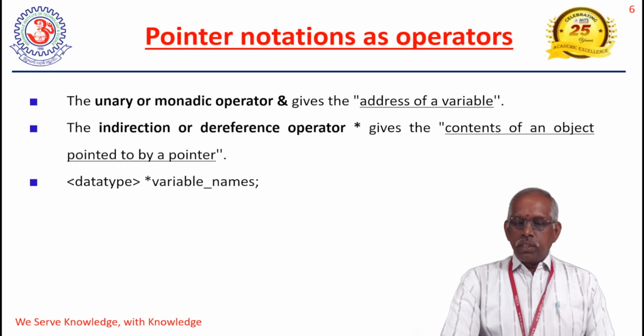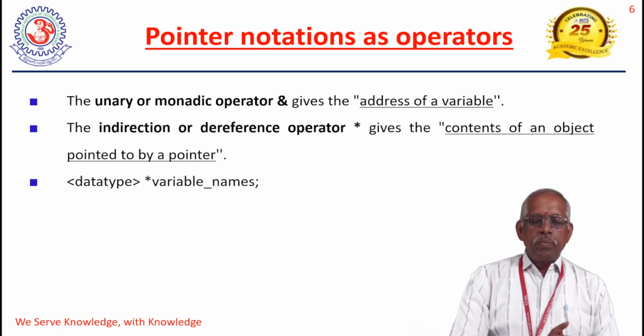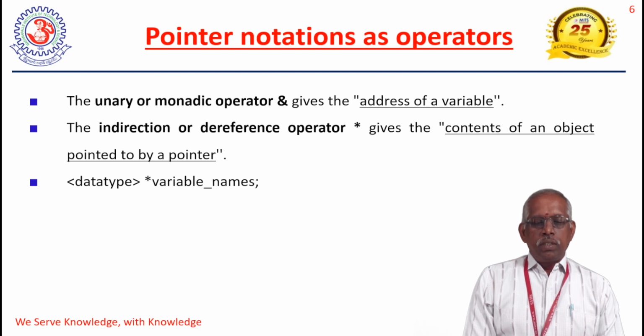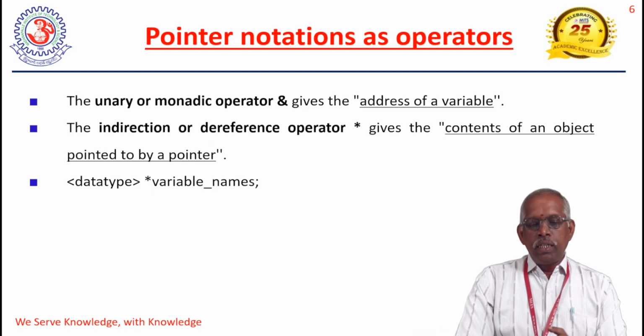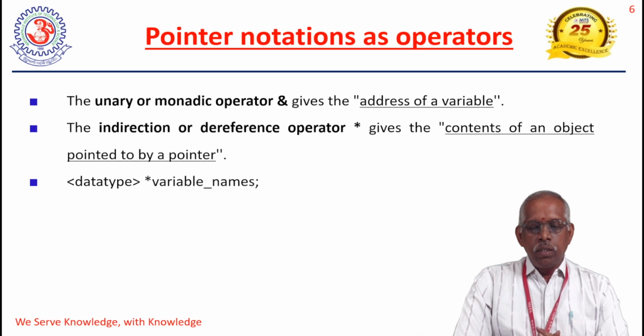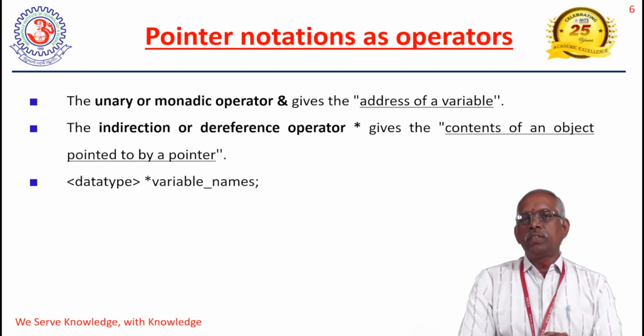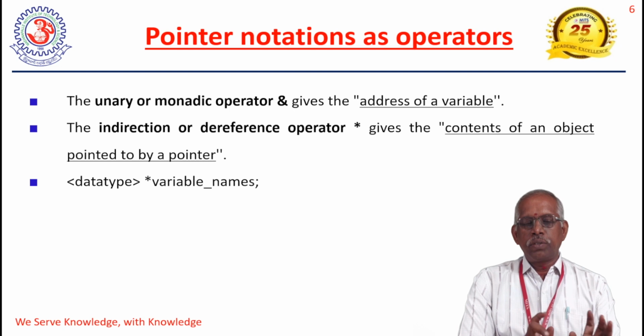And the notations that we have already seen in the example: here we are using some operators called pointer notations, particularly the ampersand symbol, a unary or monadic operator, which refers to the address of a variable. So whenever the pointer variable is prefixed with the ampersand symbol, it is referring to the address of the particular memory location.